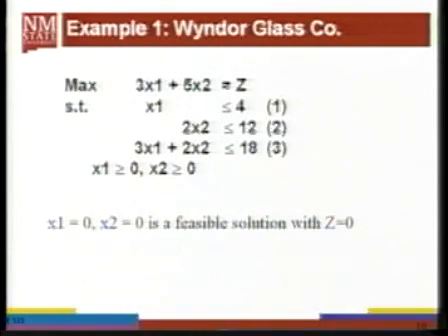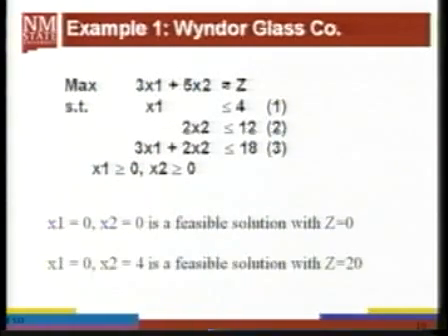However, this is not the optimal solution, because with a different set of x1 and x2 values, for example x1 equals 0 and x2 equals 4, we could obtain another feasible solution, right? And it provides an even better objective function value, which is g equals 20. However, we are still not sure if this is the optimal solution, right?